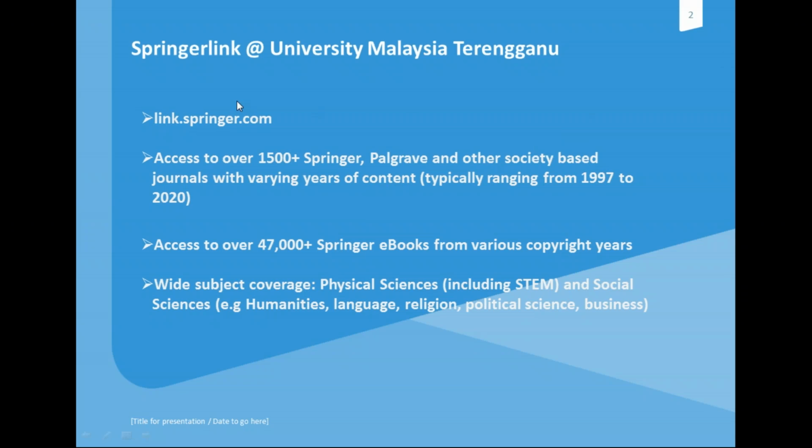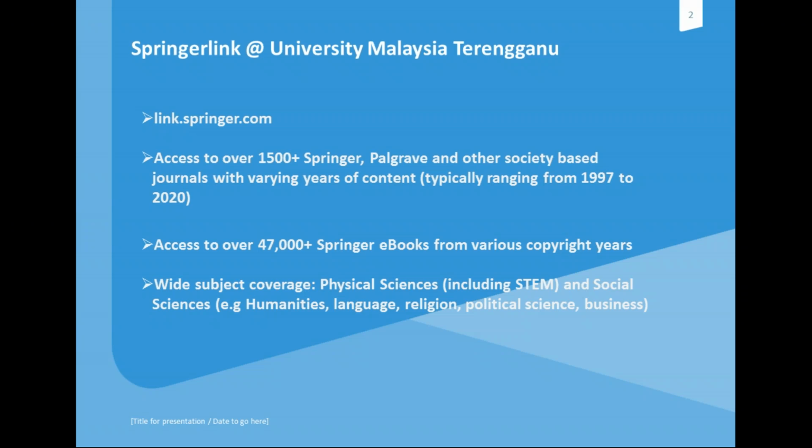So it's some background in terms of what's available to users from UMT from Springerlink. At the moment, from the platform Springerlink, you have access to 1,500 Springer, Palgrave, and other society-based journals that publish with Springer on the Springerlink platform, with varying years of content, most typically ranging from manuscripts published from 1997 all the way to the current year here in 2020.